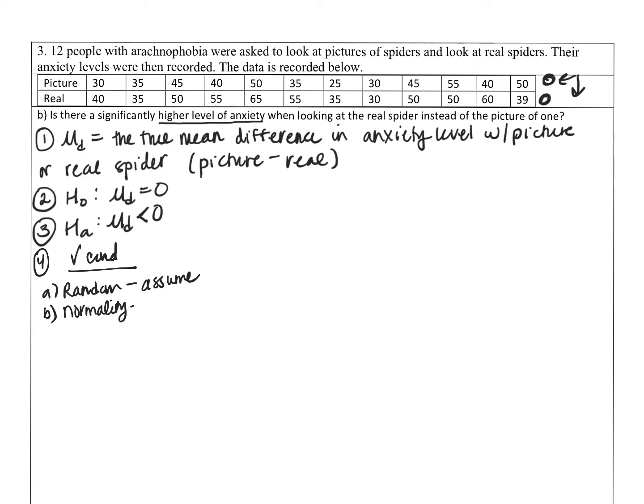You can either subtract and create a new list, or you can enter this data into list 1 and this data into list 2, subtract in list 3, list 1 minus list 2, and then that would be the list you're working with to make the normality plot. That's what I'm going to do.